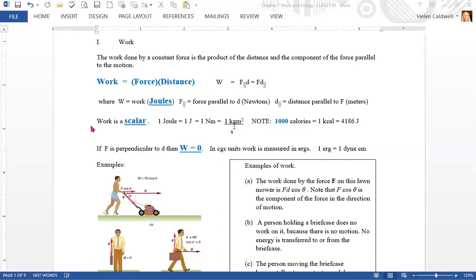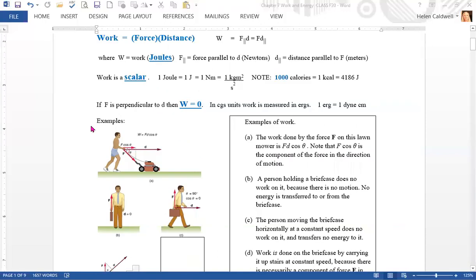If you buy something in almost every other country in the world, a soda or a loaf of bread, you won't see the energy content in calories. You'll see it in joules. So, a little bit of culture for us.